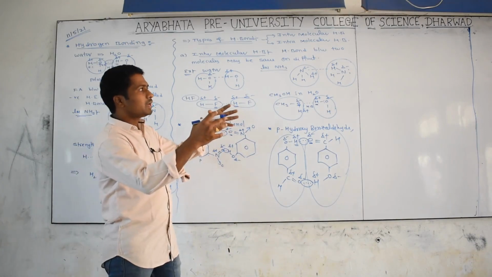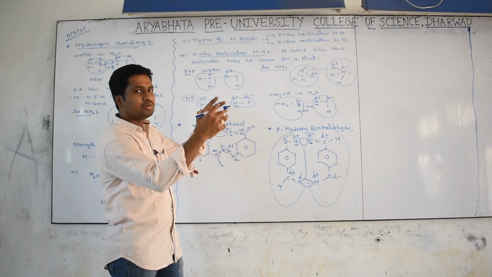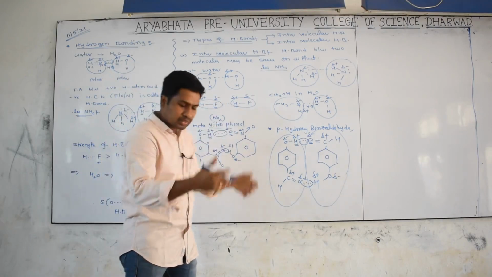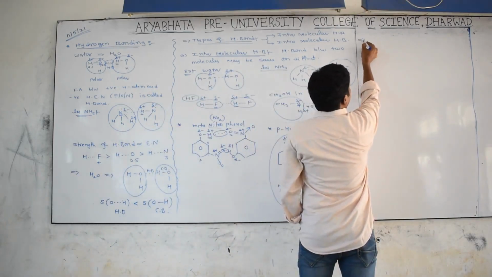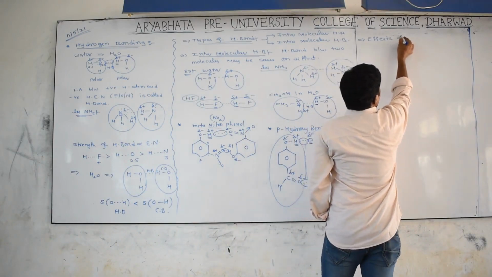In some materials, between the molecules, some extra force of attraction will be happening. Because of this, what properties may change? Let me tell you the effects of intermolecular hydrogen bonding.